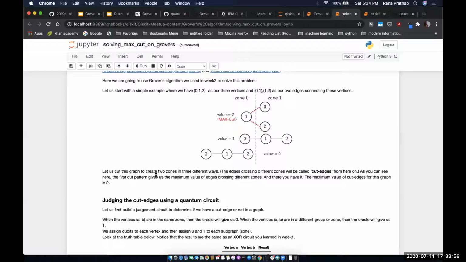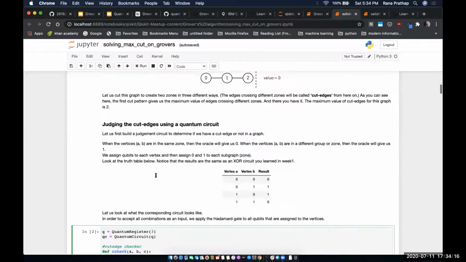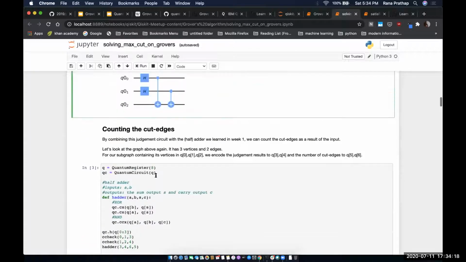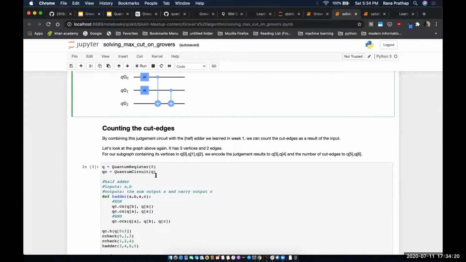If it's on the right side, it has a 1 value. So what we'll do is we'll take 3 qubits. We will put them in an equal superposition. What that means is you're putting it in all possible states in this graph. So that graph can have 1 on the left side and 0 and 2 on the other side, or the other way. And you're putting it in all specific states that are possible. And then you have to count the number of edges that are being cut.